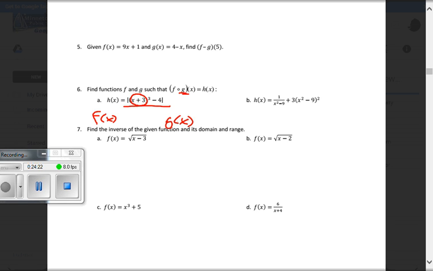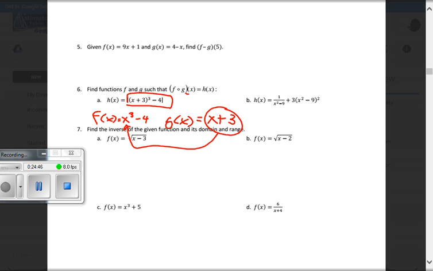So we say g of x could have been x plus 3. And then what would f of x have had to have been? Well, this must have had an x there, and it would have been x to the third minus 4. That way this can go into that and make that.